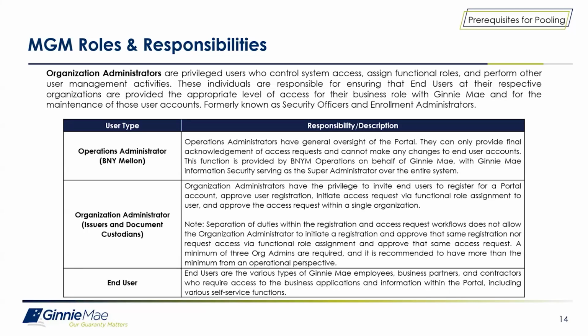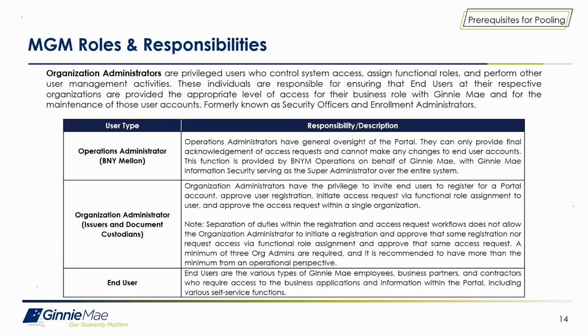So if your role is org admin, you're the ones who are going to request access for your end users. You as an org admin request access from us, BNY Mellon. We give you those privilege roles. So that means certain roles you get different from an end user. So you can actually facilitate and request end user information and set them up.